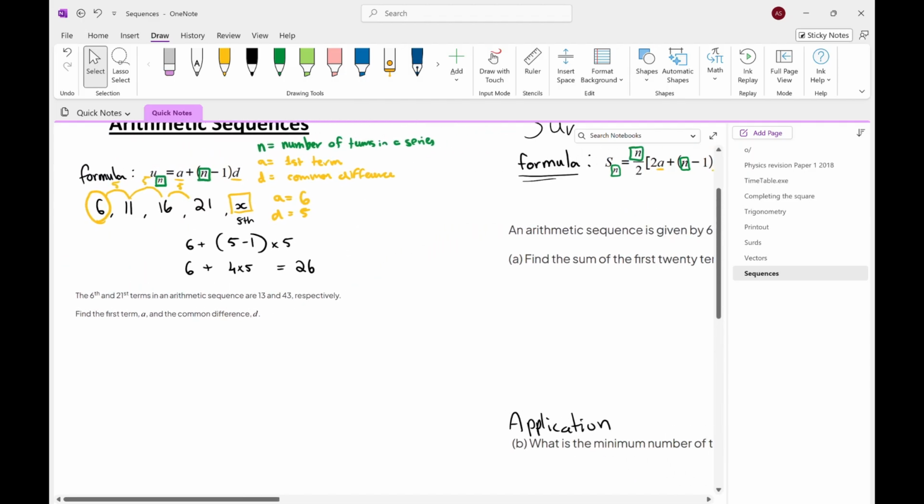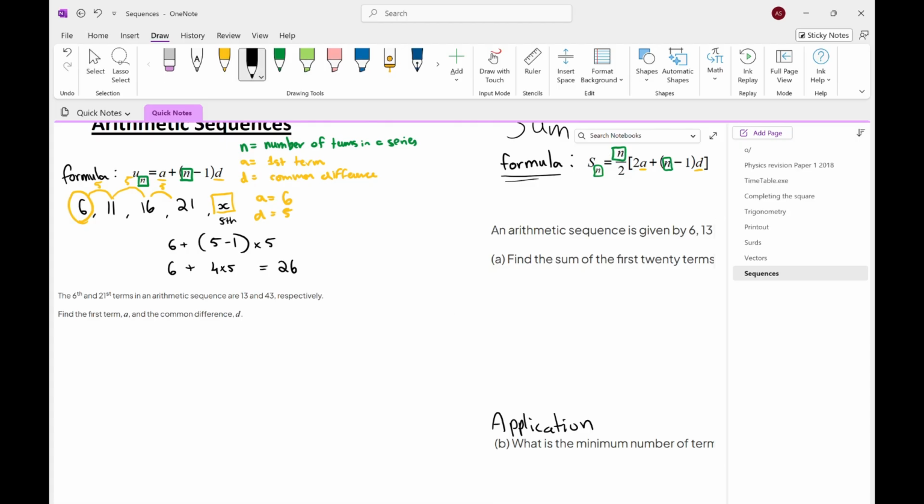If we plug in our numbers, 13, which is the 6th term, would equal a, which we don't know and we're trying to find, plus n minus 1, so 6 minus 1, so 5 times d. What else do we know? That the 21st term, which is 43, is equal to a plus 21 minus 1 times d, so 20d.